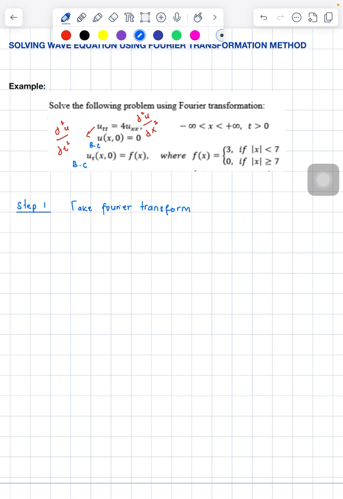The Fourier transform of u(x,t) equals the integral of u(x,t) e^(i alpha x) dx from negative infinity to infinity. This is the formula for the Fourier transform of u(x,t), which equals u hat (alpha, t). Meaning when we transform the function u(x,t), it becomes u hat (alpha, t).